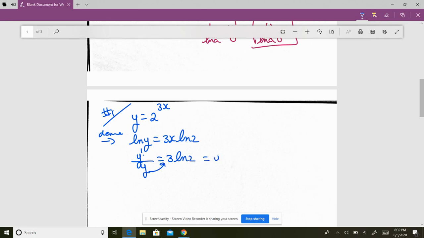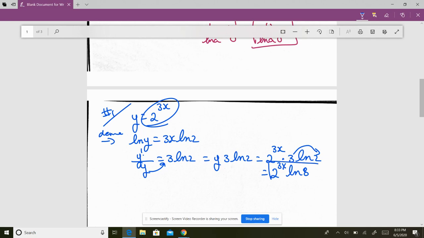Multiply up the y. And what was y? It's 2 to the 3x. So it's 2 to the 3x times 3 natural log of 2. If you want to clean this up a bit, the 3 can become the exponent on the 2, so that's 2 cubed, so it's 8. So it would be 2 to the power of 3x natural log of 8.